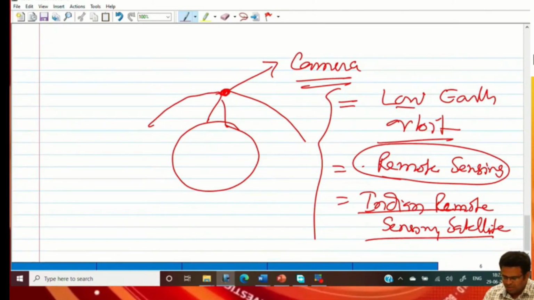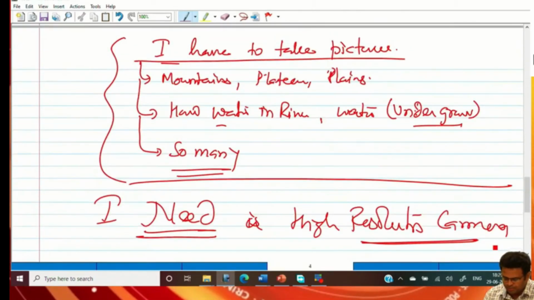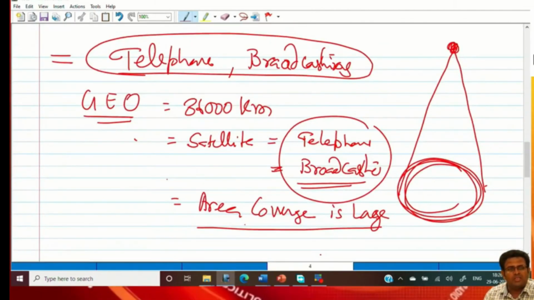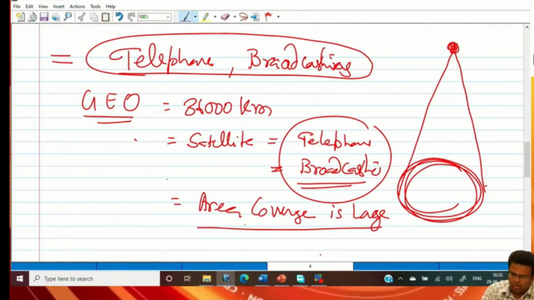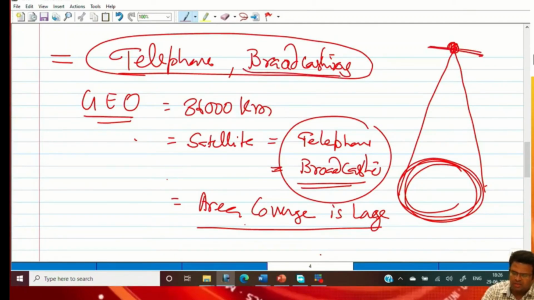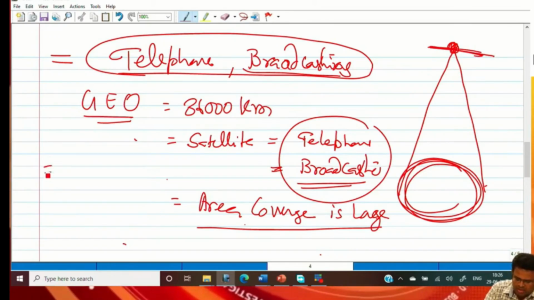Now the next point we are coming towards: if I need telephonic services in a large area, so broadcasting in a large area, I need to establish the satellite at 36,000 kilometers in the GEO, and we can say that these satellites are known as INSAT.